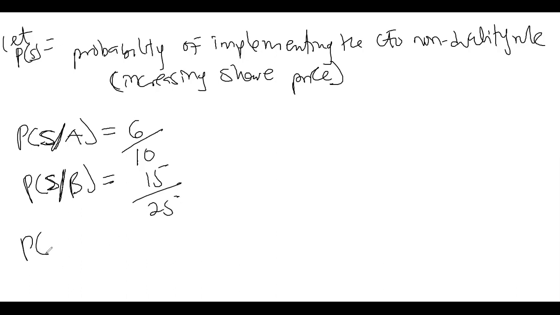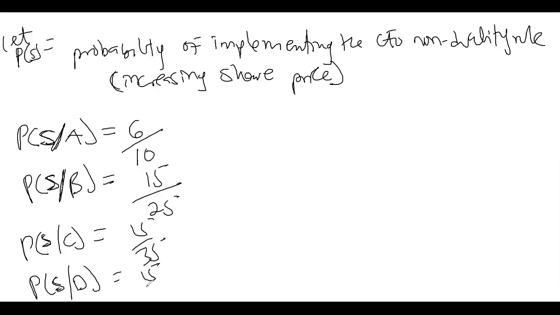Then also the question continues to say that 15 3-star firms have increased their share price. The probability of share price based on the fact that it's a 3-star is 15 over 35. Then finally, the probability that they have increased share price based on the fact that it's a 2-star, but the question says 15 2-star firms have also increased their share price. That would be 15 out of the total of 30 2-star firms.